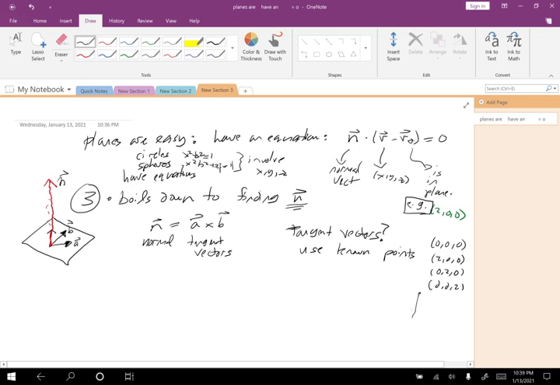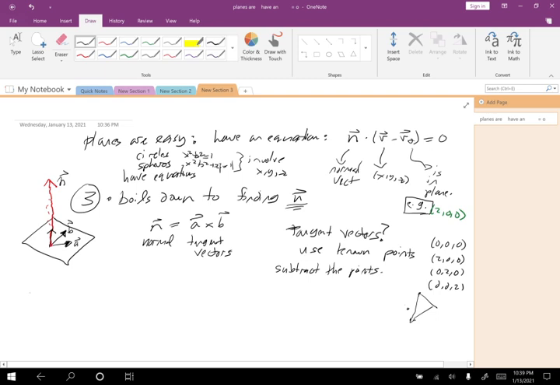And our tetrahedron looks sort of like this. Okay, so to get two tangent vectors, what we could do is just subtraction. Subtract the points.